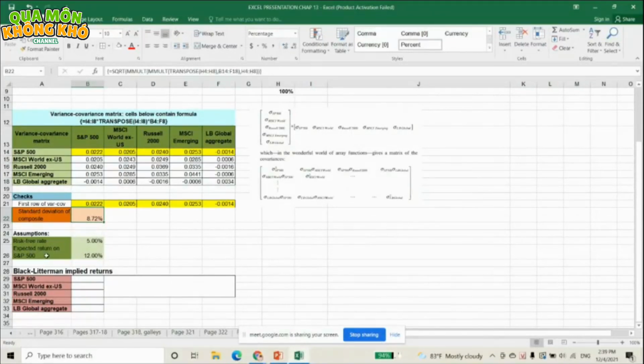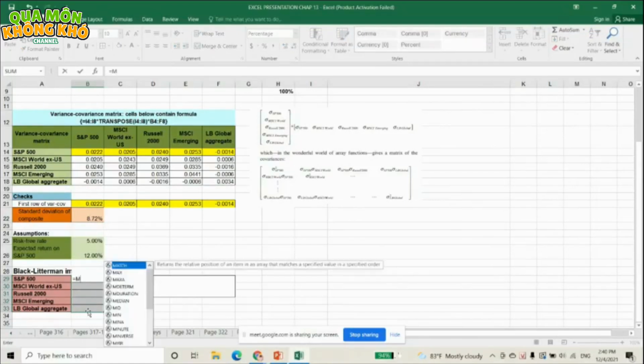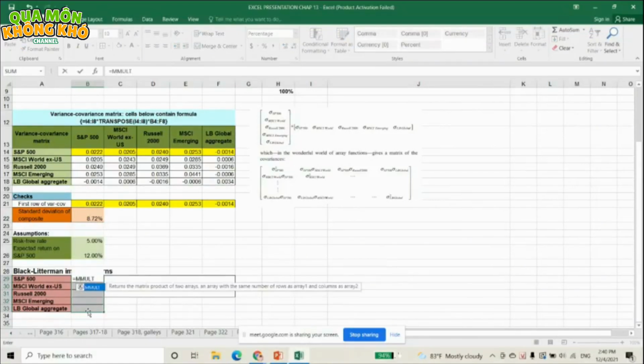Given the assumptions, the expected return on the 5 index portfolio, the array formula given in this cell equals MMULT. The first array is the variance and covariance matrix, this table.